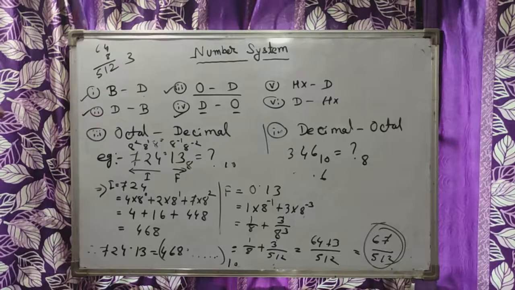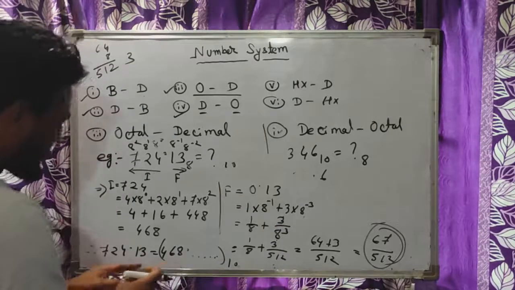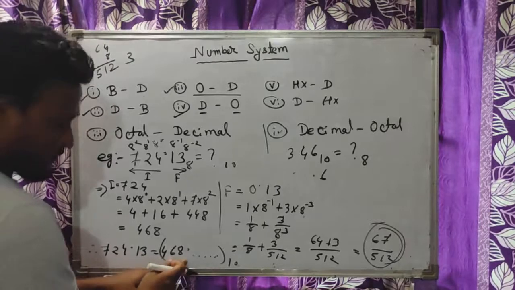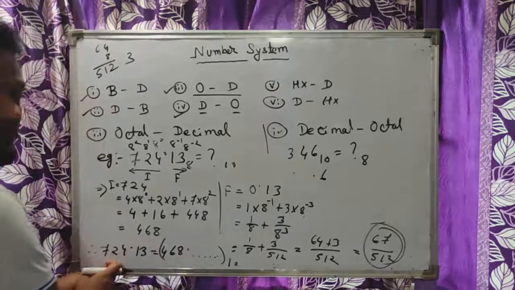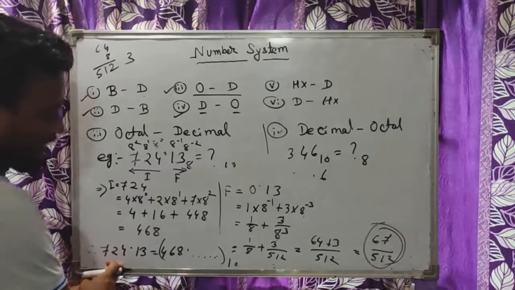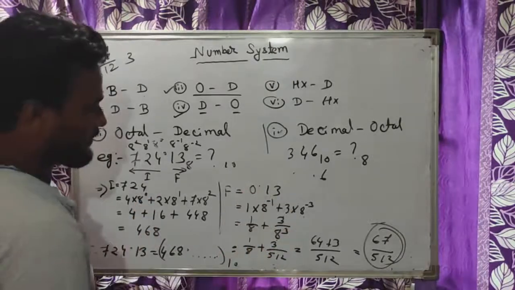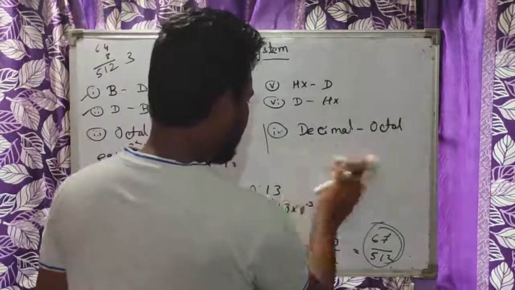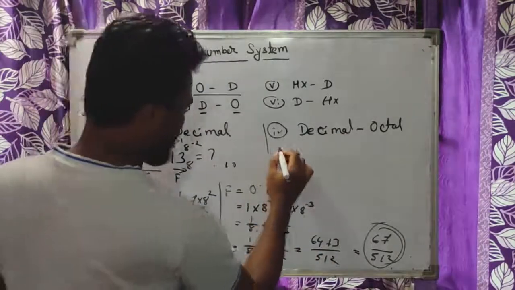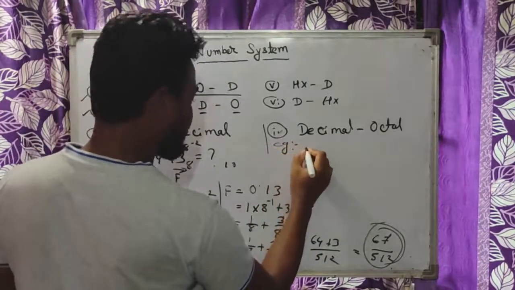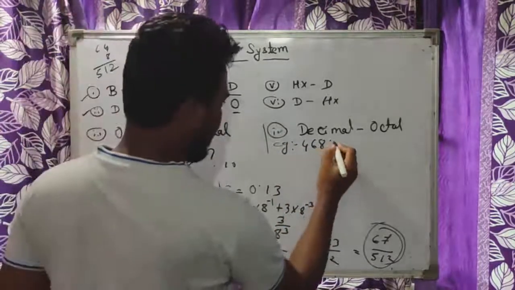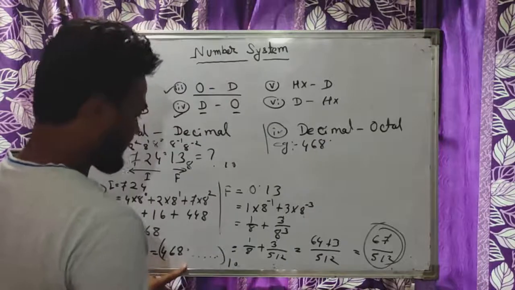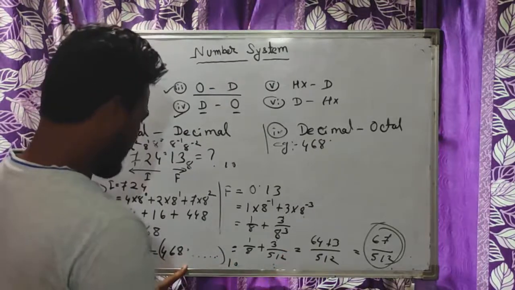Now same concept goes for the decimal number, and let's convert it into octal. Let's start this. I'm going to wrap this part. So this time, suppose our number is 468 point, some numbers are there.